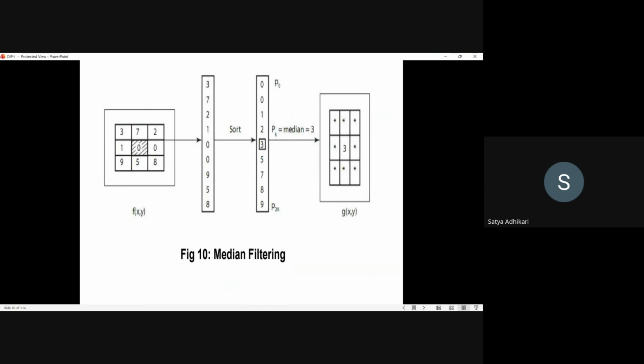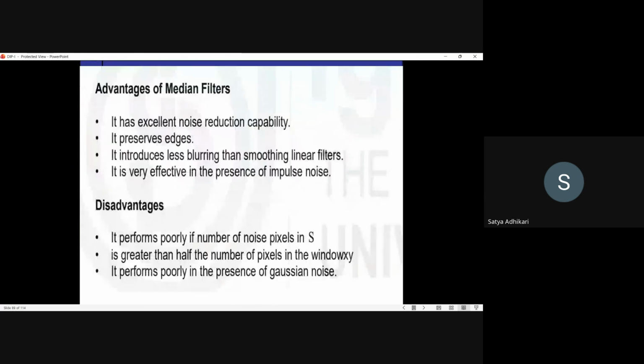We have to sort the values, and as there are 9 values, the fifth value is the median. So in place of 0 there is 3. So 3 is the median of these 9 data, and this is called the median filter. The median filter has some advantages and disadvantages. You will get a question: what is the median filter, and write its merits and demerits.